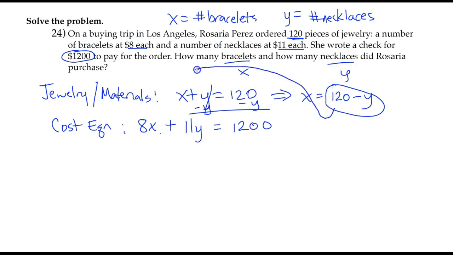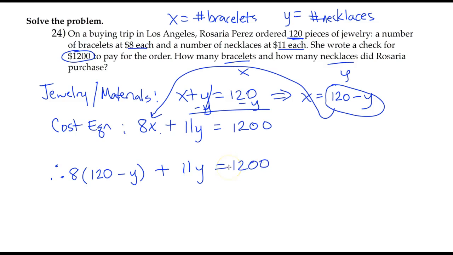And so now that I know what X is in terms of Y, I'm going to take this and I'm going to plug it in where X is. So therefore, I have 8 times X, but instead of X, I'm going to write 120 minus Y in parentheses plus 11Y, which is equal to 1,200.